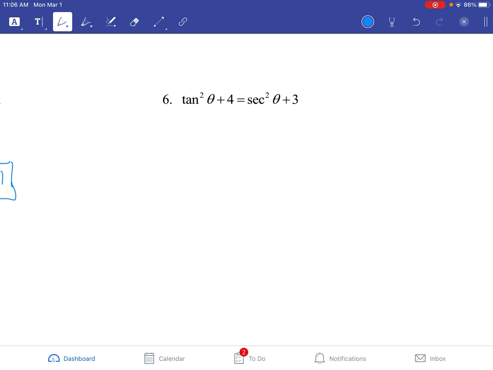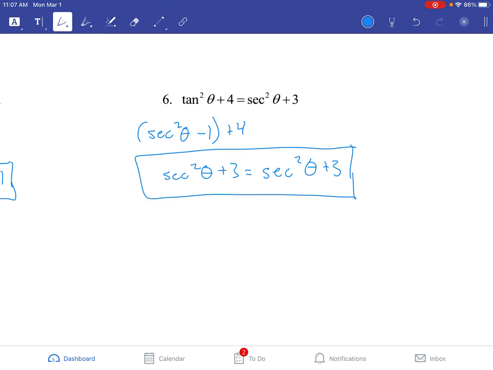So tangent squared is going to be secant squared minus 1 plus 4. If I combine the negative 1 and the 4, I get secant squared plus 3, which is what I was looking to get.